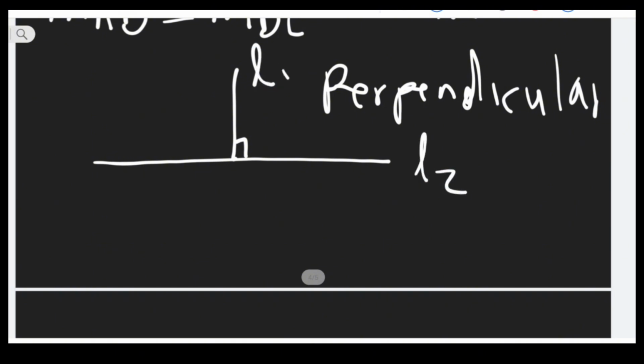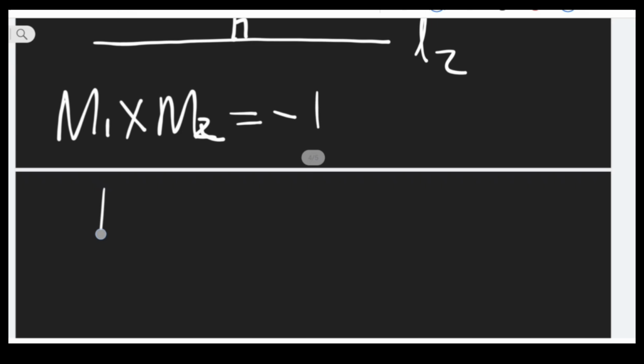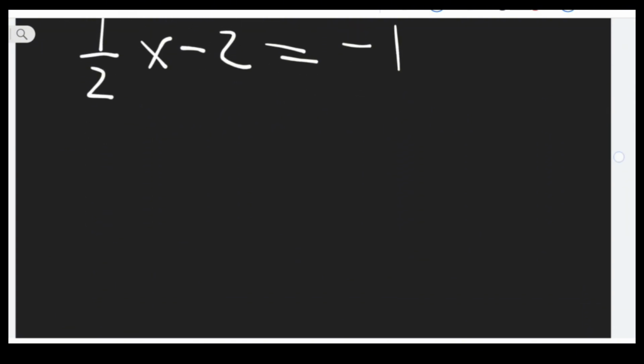If the product of their gradients, m1 multiplied by m2, equals -1, it means that they are perpendicular. Maybe you can have one to be 1/2, the other to be -2, and the product is -1. So they are said to be perpendicular.